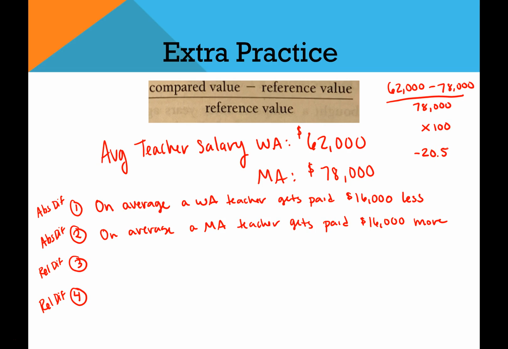And that makes sense, right? I'm basically saying that Washington teachers get paid less. So we would say Washington teachers get paid 20.5% less than Massachusetts teachers on average.